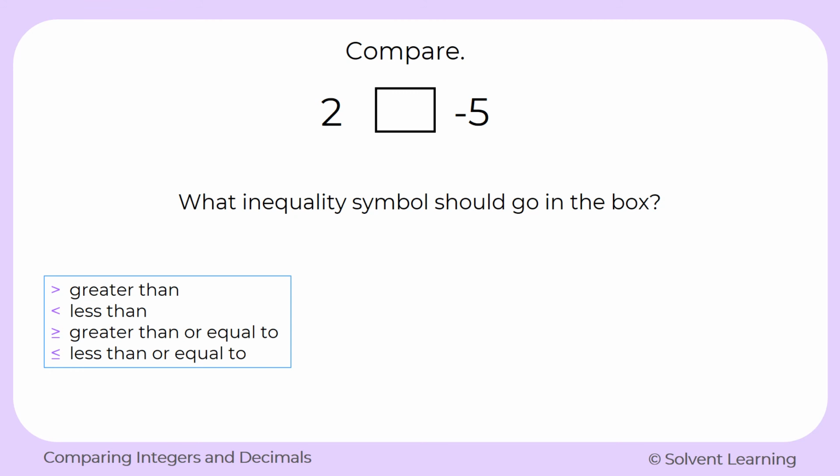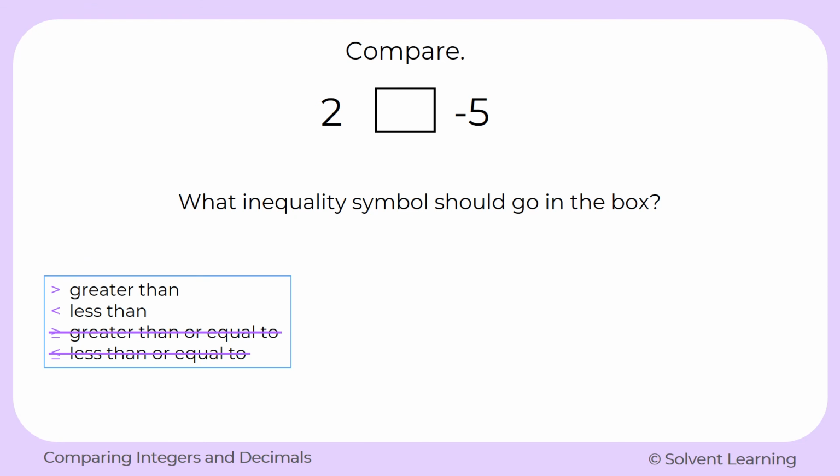If we look at our two numbers, 2 and -5 definitely aren't equal to each other. So we can get rid of those last two options because they're saying that it's possible that the numbers are equal. And these two numbers definitely are not equal. So it's either going to be greater than or less than for the symbol that we use.